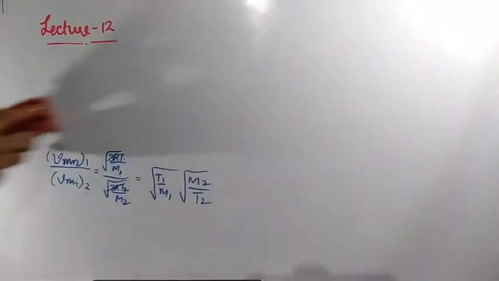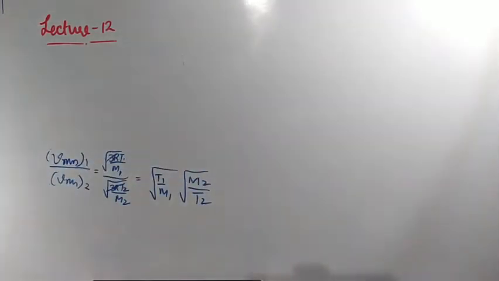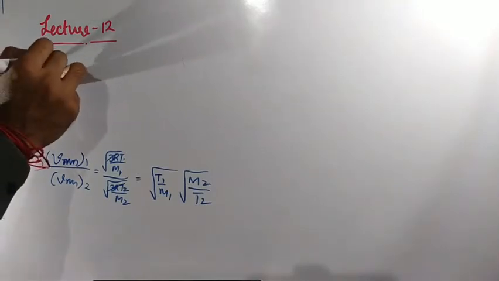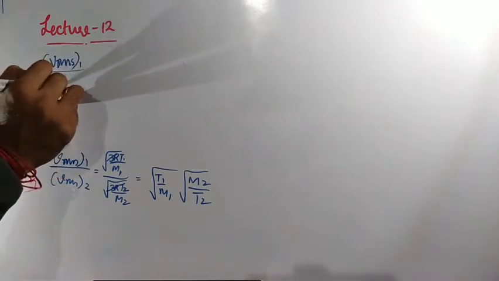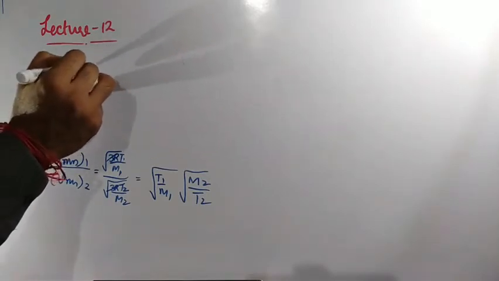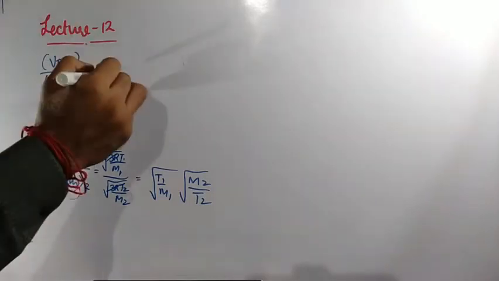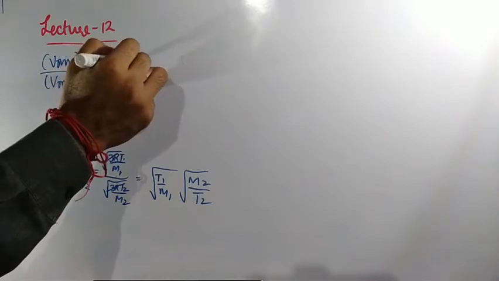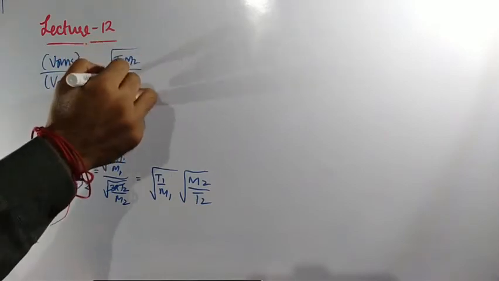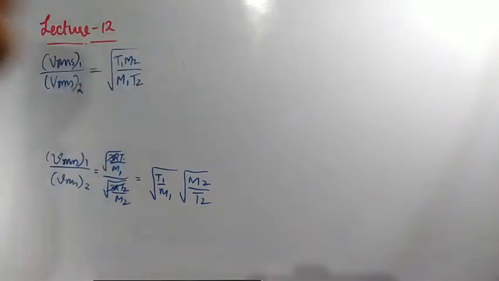This step we need: VRMS 1 by VRMS 2 will be equal to root of T1 M2 by M1 T2.